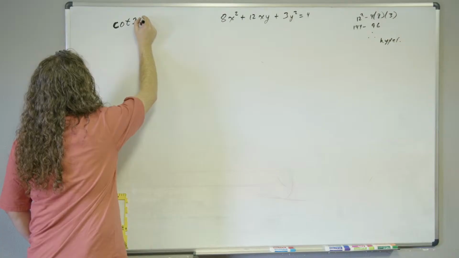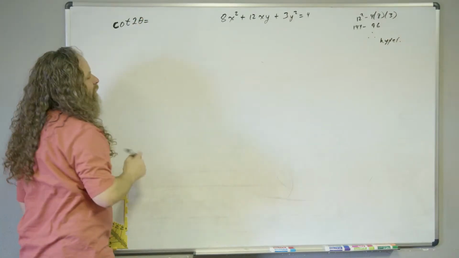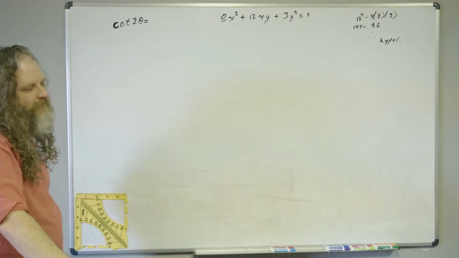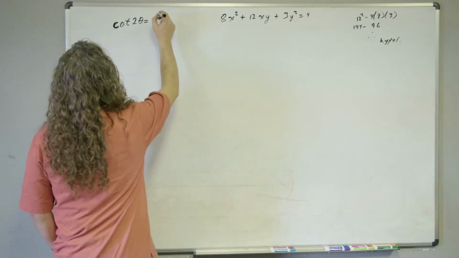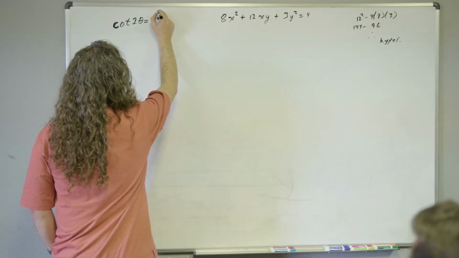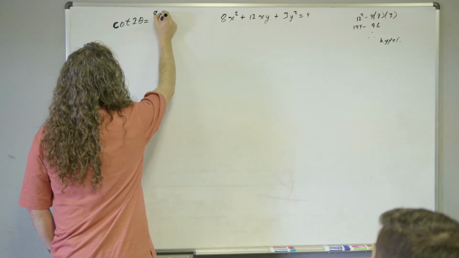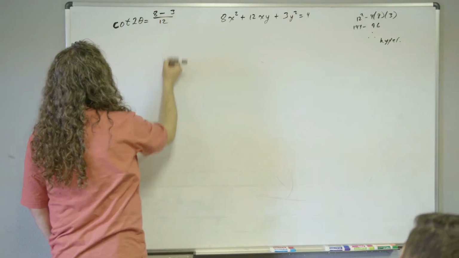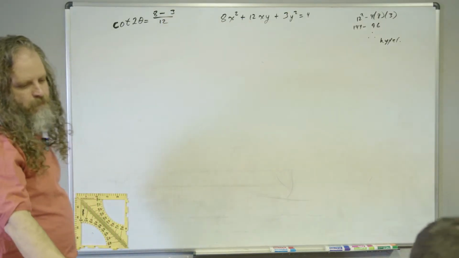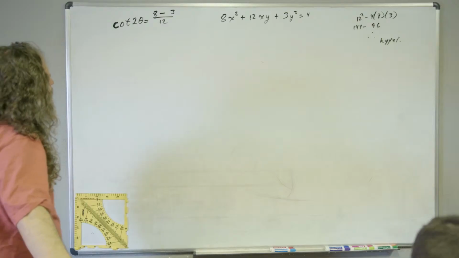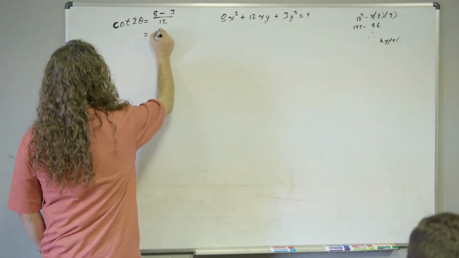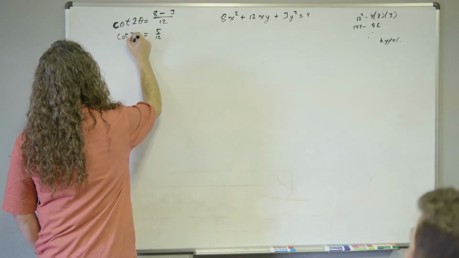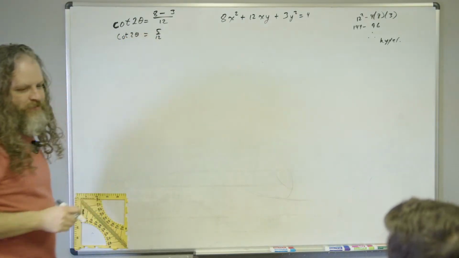The cotangent of 2 theta equals A minus C over B. So A is 8 minus C, which is 3, over 12. 8 minus 3 is 5, so 5/12. The cotangent of 2 theta equals that.